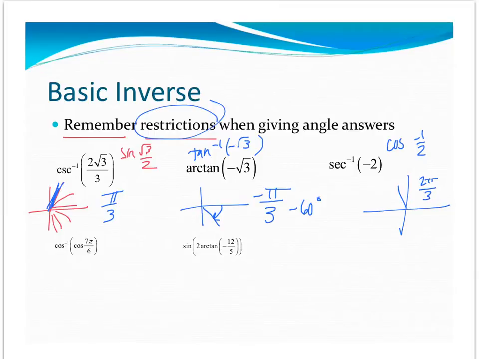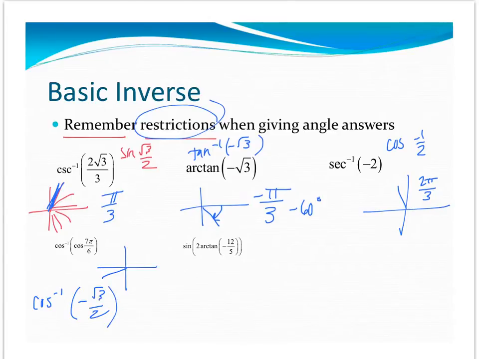These next two problems, we want to work from the inside out. So first, it says cosine of 7 pi 6. So since my input is an angle, my output is a ratio. And 7 pi 6 is right here, and at that angle, the cosine ratio is negative root 3 over 2. So now my problem becomes cosine inverse of negative root 3 over 2.